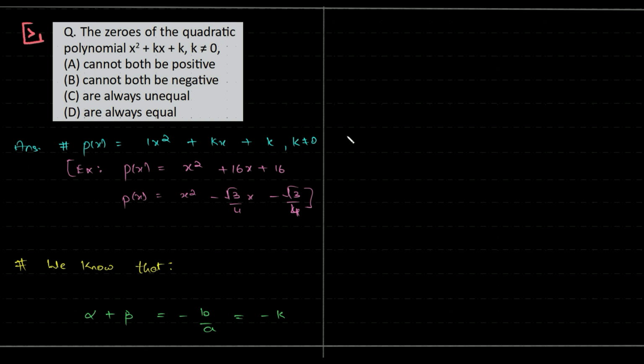So this will add up to a negative number, and we have alpha into beta is equal to c by a, which is plus k by 1.